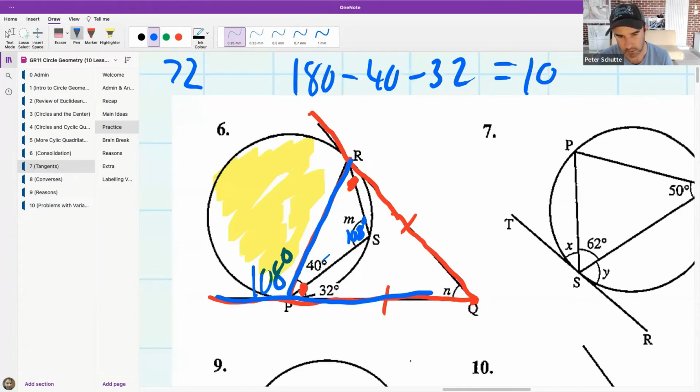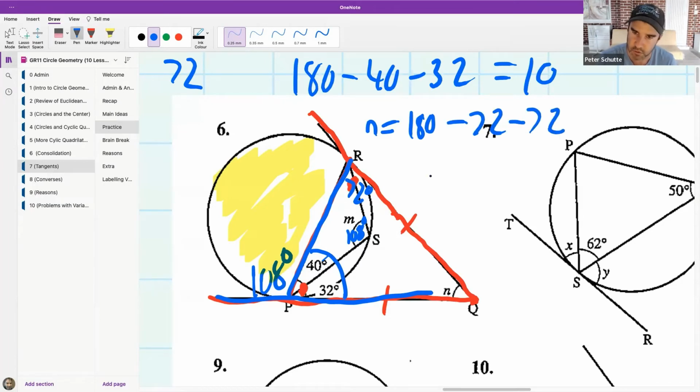I hope that helps a little bit. If we practice this more, it will become easier. Then how do I get what N is? Well, I say this is 72, so this must be 72. And so N must just be 180 minus 72 minus 72, which is going to give me, I think, 36.